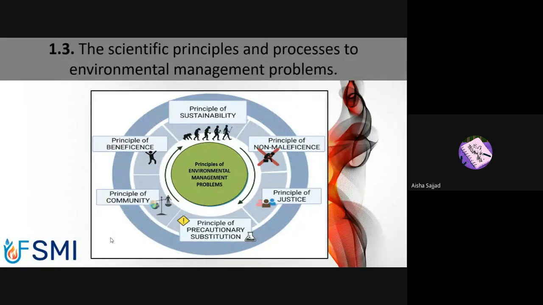Okay, and then there could be different principles of precautionary substitution. So, as you all must have heard about the polluter pays principle, different carbon taxation systems are being implemented nowadays, meaning that if you want to emit and your processes are not in control and you cannot do anything about it, then you will have to buy credits from somebody else. That's an entirely different topic, but yes, different principles and processes.